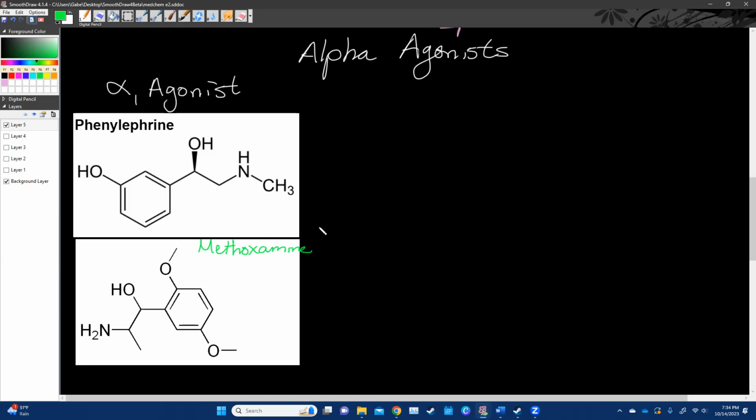So these two drugs, first of all, the main portion of them is that they have this phenylethylamine backbone.